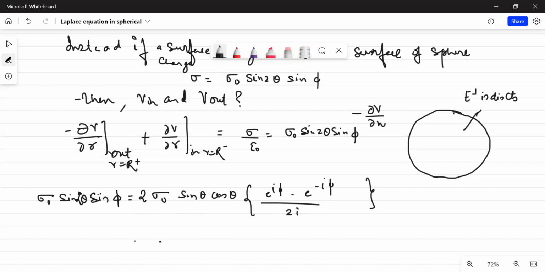Okay, so overall I can write it as sigma naught sin theta, and then there will be cos theta, and this 2 gets cancelled, and there is some iota also, so I'll keep iota here, and there will be some e की power iota phi minus e की power minus iota phi.